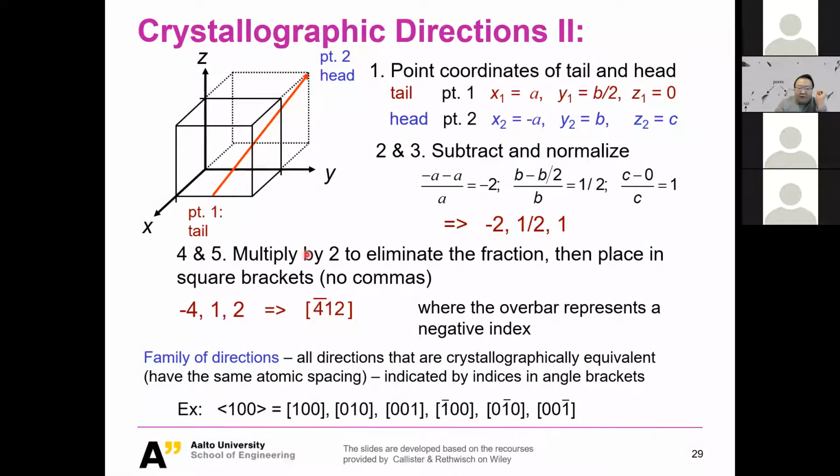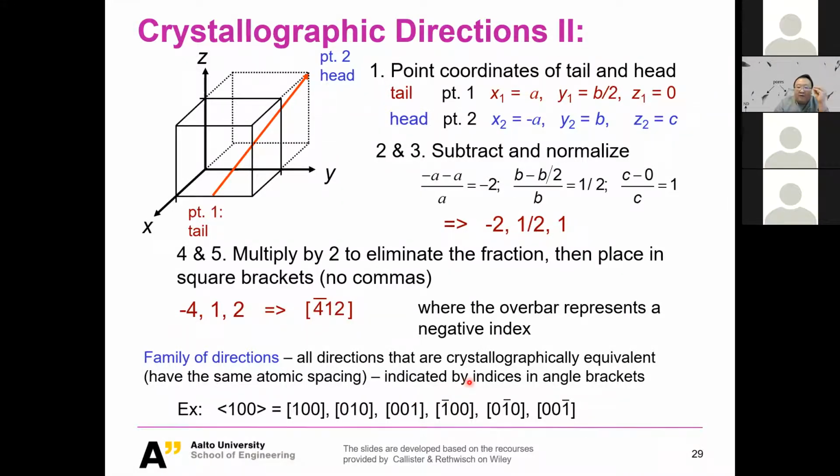That's why for certain specific directions, like I just showed you, 100, 010, 001, and even if you go just opposite to minus, so this small roof here is indicating minus, they're all equal.